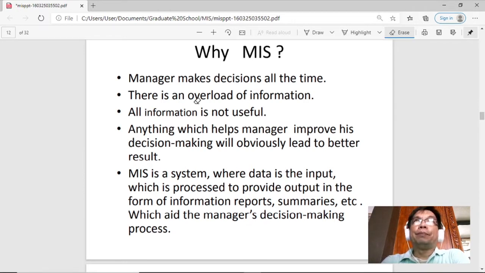Or let's say in the summary of the enrollment, the dean noticed a large increase in enrollment, then maybe the management can decide whether to hire more faculty or add classrooms, etc. So that's why MIS is important.